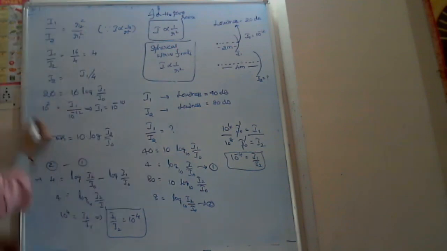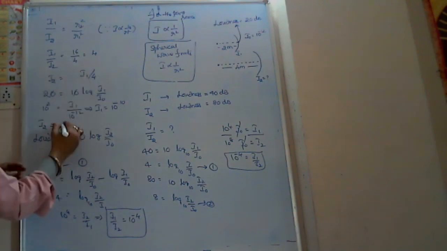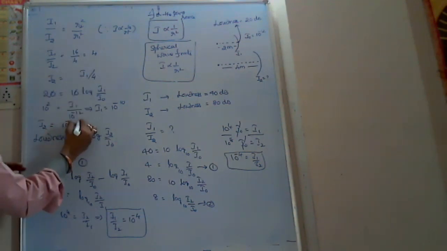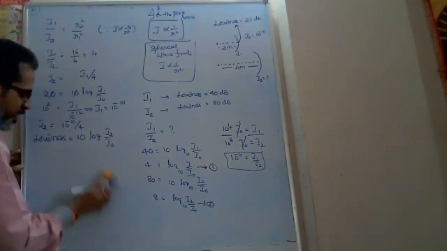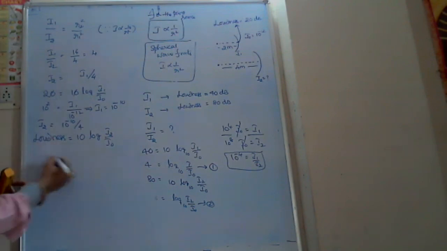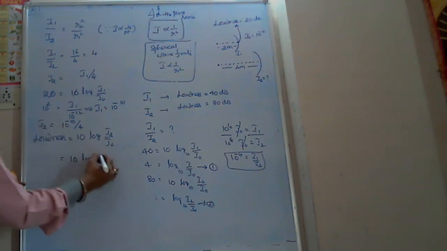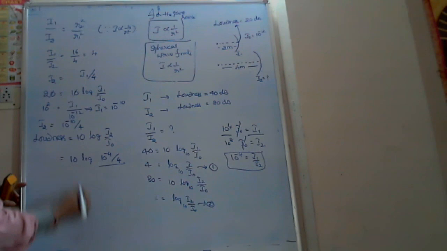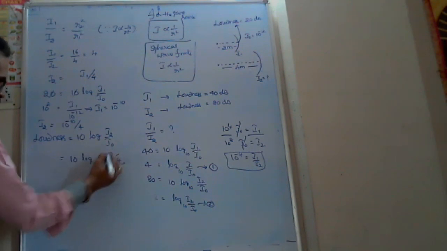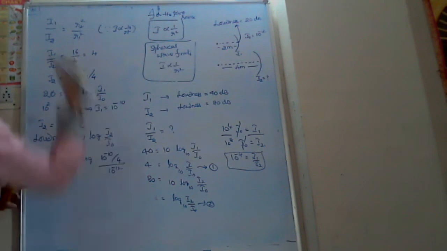Then I2 is equal to I1 by 4, that means 10 power minus 10 by 4. Substitute here. Therefore loudness is equal to 10 log of 10 power minus 10 divided by 4, divided by I0, 10 power minus 12.